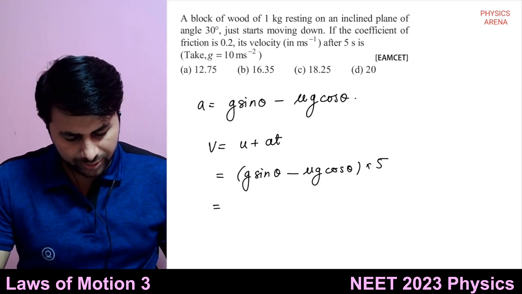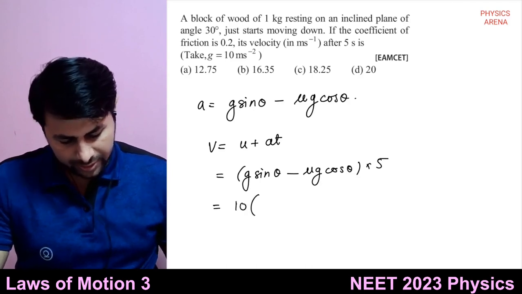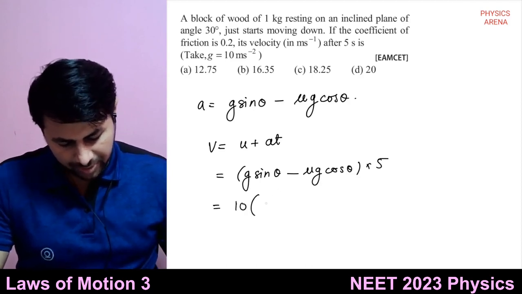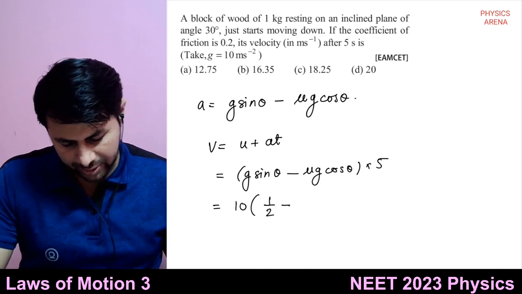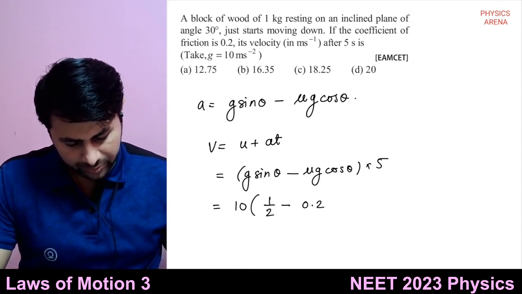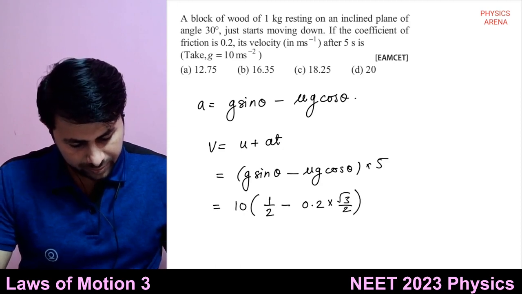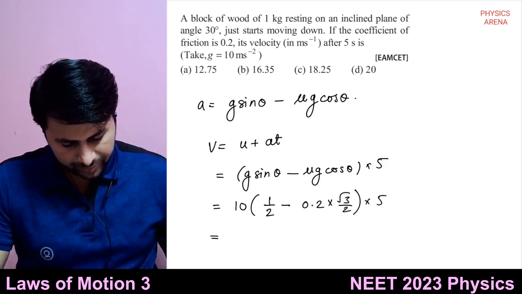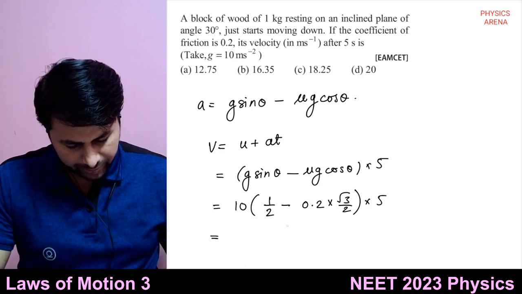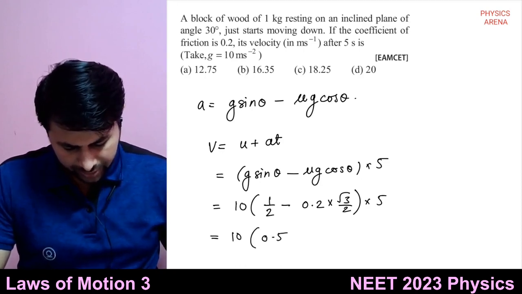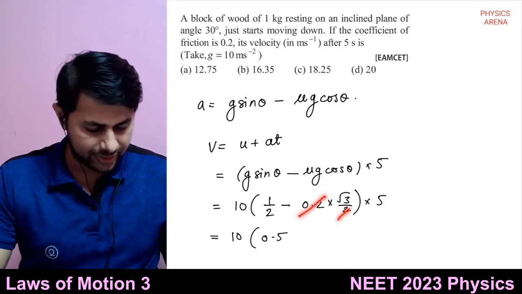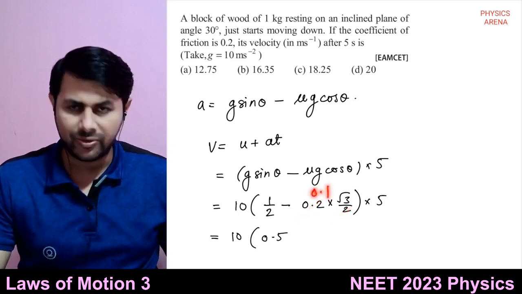Let's substitute values. g you can take out. It is sine of 30, which is half, minus mu, which is 0.2, multiplied by cos of 30, root 3 upon 2, multiplied by 5. Okay, so it is 10 multiplied by 0.5 minus... this 0.2 and 2 get cancelled, I mean 0.1 will be there.